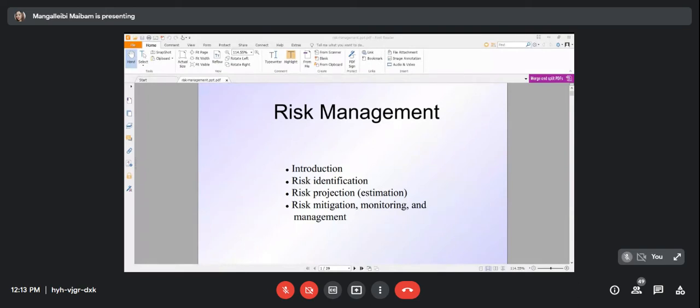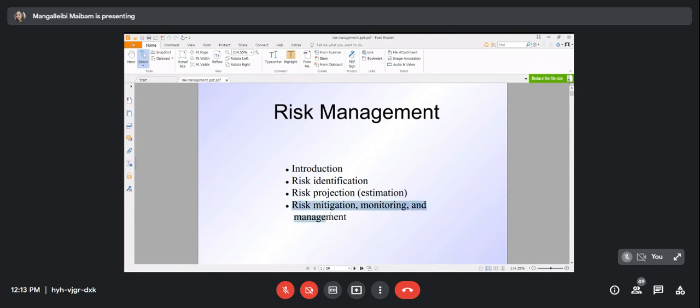So our next new topic is risk management. Here we will see different scenarios of risk management. The first one, we will see introduction. We will see risk estimation, risk mitigation, monitoring, and management.